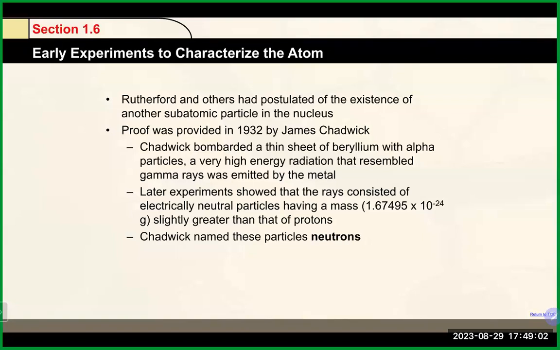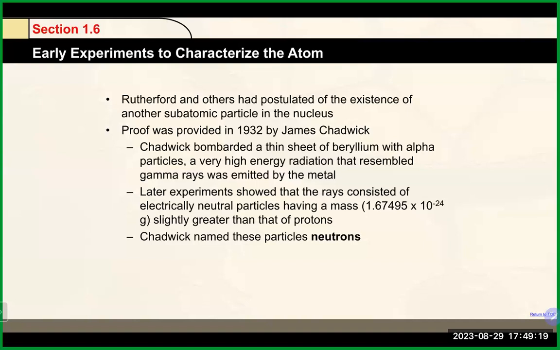We talked about a few different types of radioactive particles that were used in a lot of these experiments. We had alpha particles, which are positively charged radioactive particles. We have beta particles, which are negatively charged particles. And we have gamma rays, which have no charge.